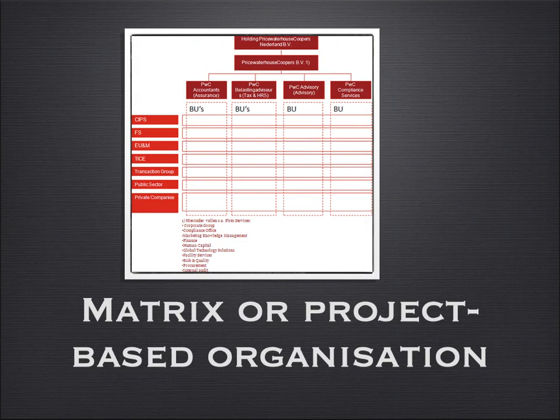So now let's look at a matrix or project-based organisation. Here we can see, if you look at the image, we can see on the left different functions. Along the top we have different types of services, and BU, okay, which is a business unit.